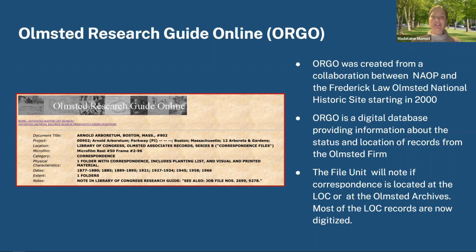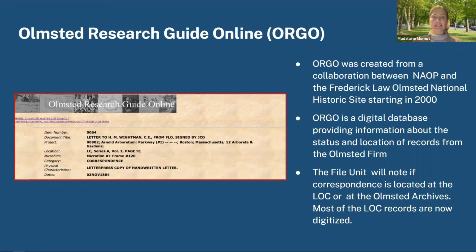And then, as I mentioned earlier, correspondence from the Olmsted Associate Records B job files are already linked in OlmstedOnline under the Documents tab. So you would most likely be using ORGO to find other items from chronological files in the Frederick Law Olmsted Papers and the Olmsted Associate Records A files.